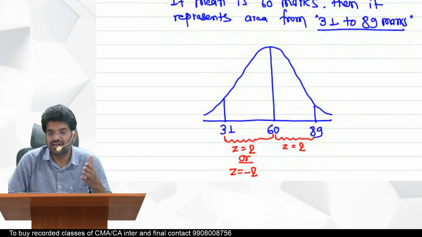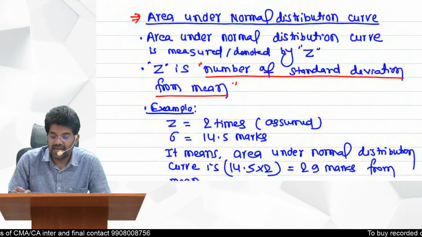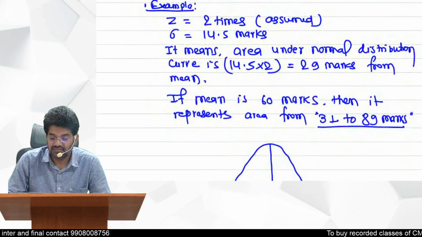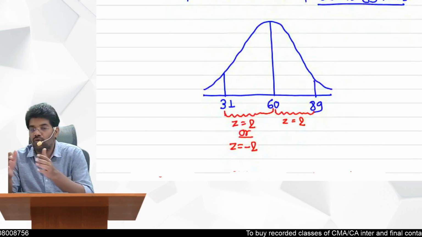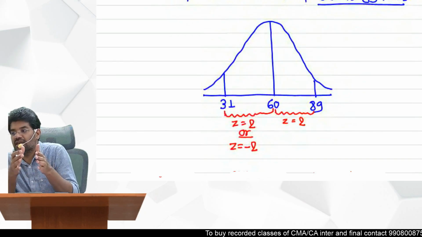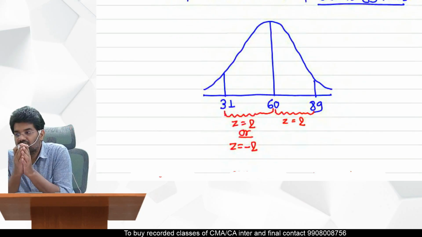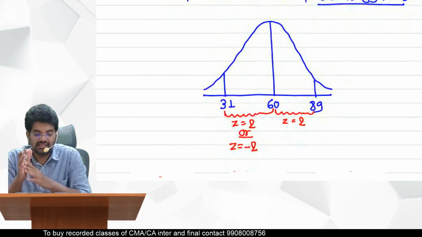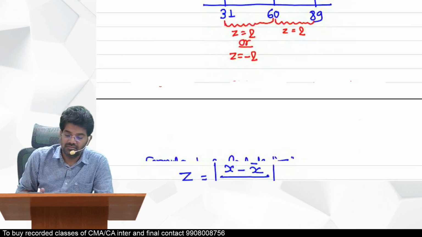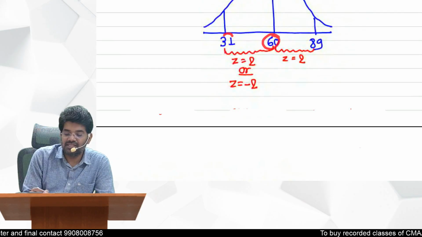That is what Z denotes: the number of standard deviations from the mean. Z measures how far your value is from your mean. If it is positive 2, you add; if it is negative, you deduct from 60.